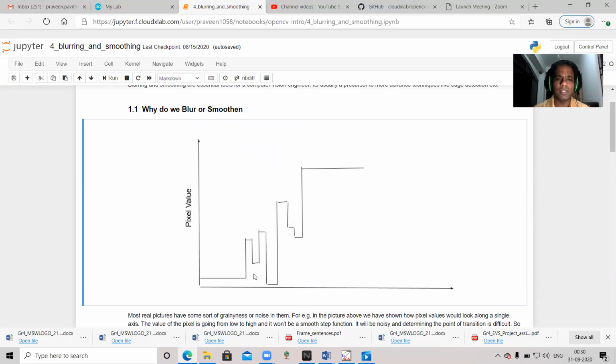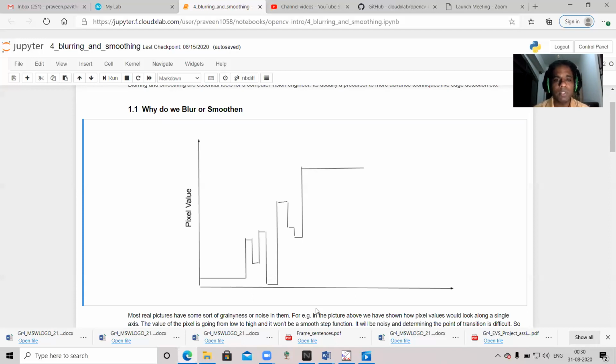We don't even have sudden edges. An edge is essentially a region where there is a change in pixel values. Like over here, if I have pixel values across a particular row, and I have low pixel values, and it eventually goes to a higher pixel value, this is kind of an edge.